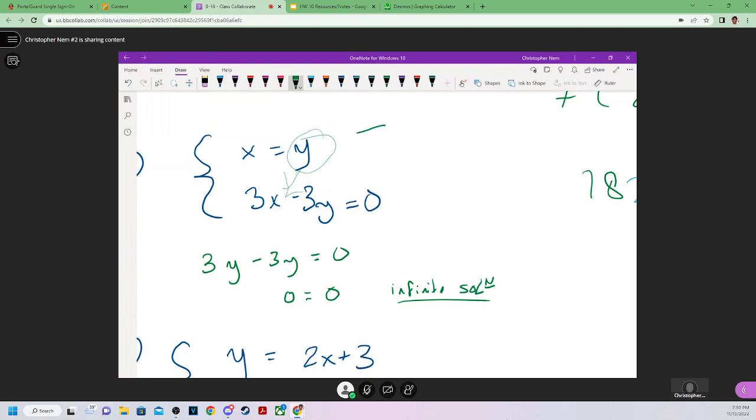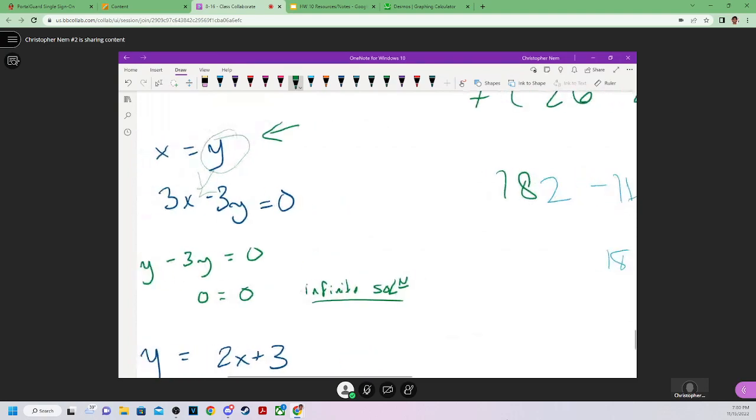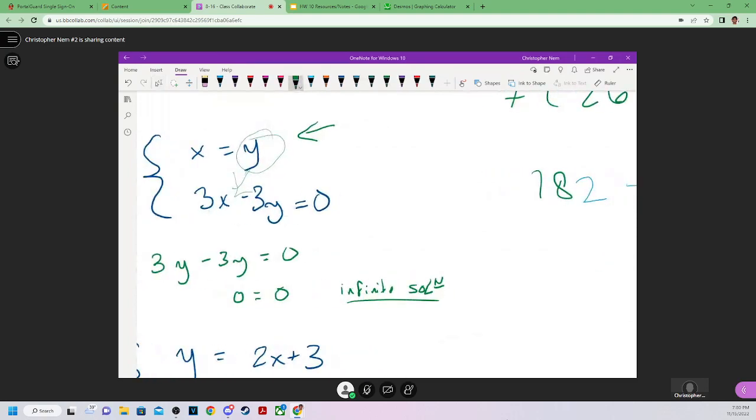Well, if you look in our first equation, it says x is equal to y, so the y value also has to be 5. So the solution for this problem is going to be exactly all the x and y values such that x equals y. Boom. That is my solution. All the x values such that x is equal to y.